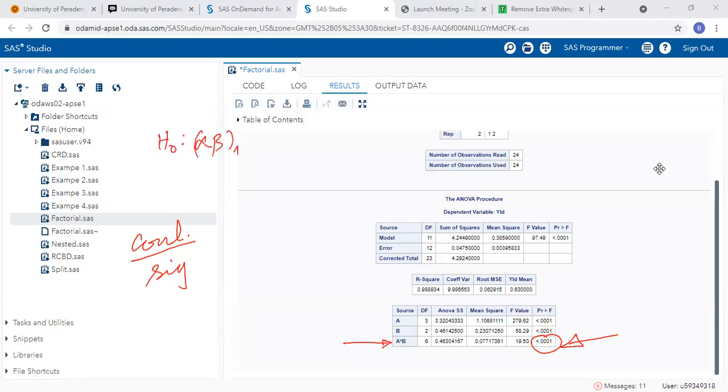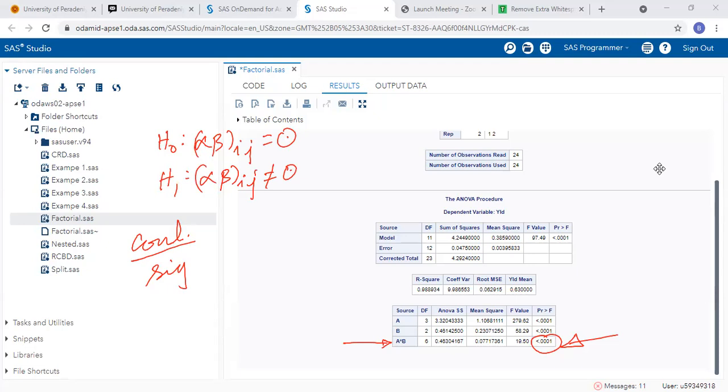This is our null hypothesis. Am I right? Yes, sir. The alternative is that at least one of these combinations is not equal to 0. That means at least one of the treatment combinations is different from the rest of the treatment combinations. So that means there is an interaction effect.